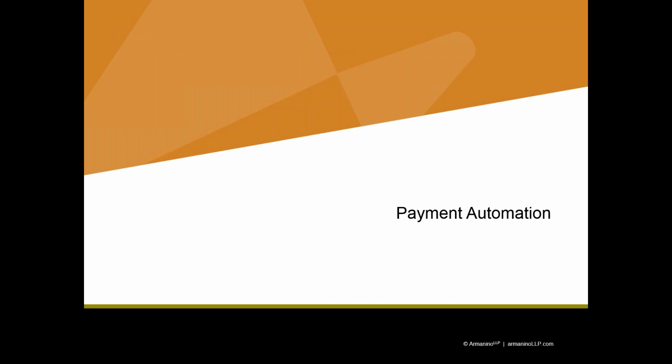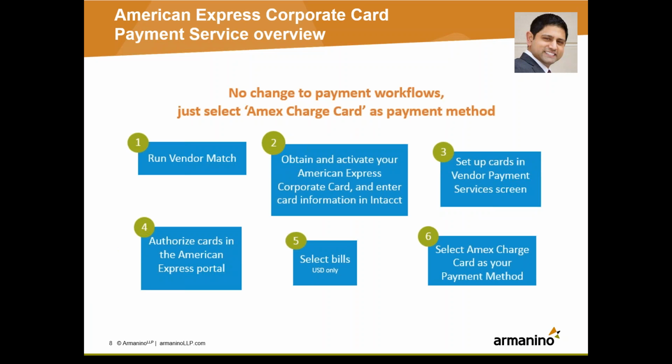So to kick us off, let's go ahead and talk through payment automation. As we all recall, and we have been talking about this for the past few quarters, American Express has established a relationship with Intacct. For many of our clients who utilize the Intacct check delivery services, you understand the flow.